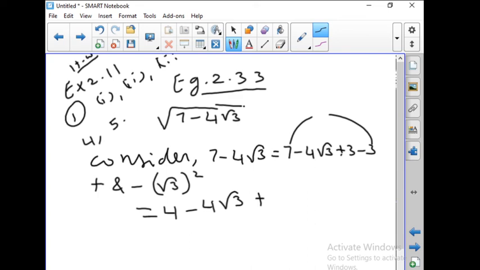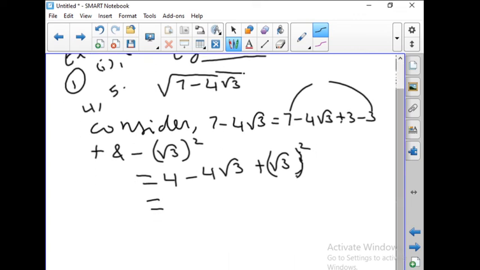And 3 is root 3 the whole square. Okay. So now we can write it as 4 is 2 square, minus 2 into 2 root 3, okay, 2 into 2 root 3, plus root 3 the whole square.